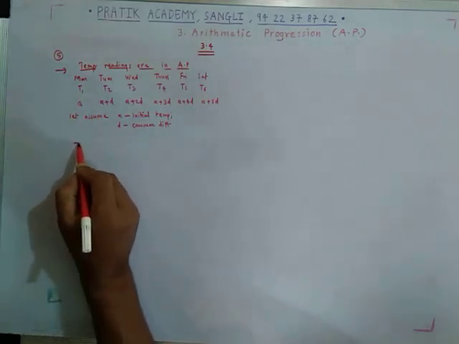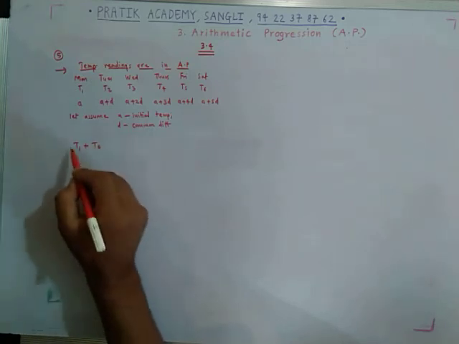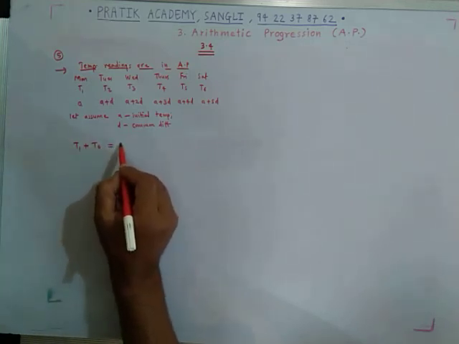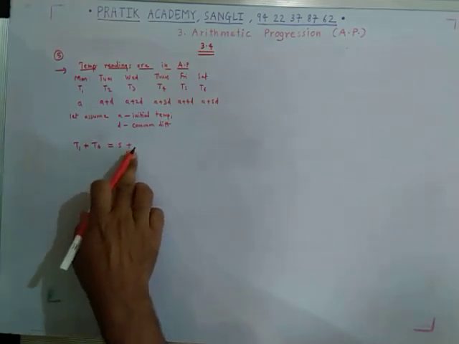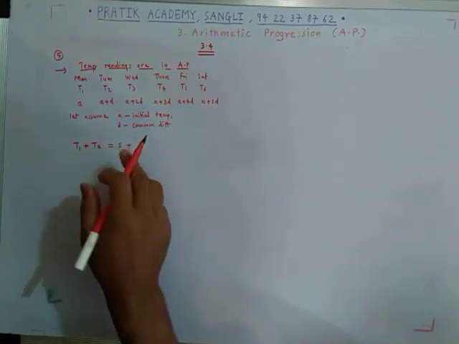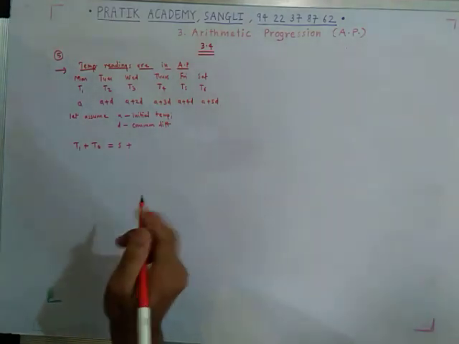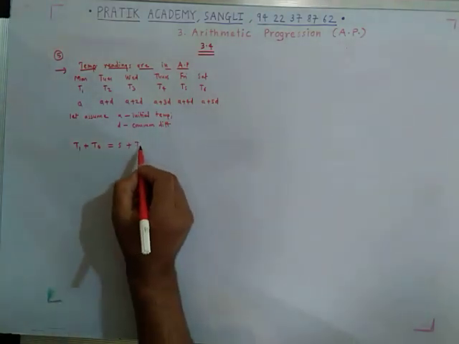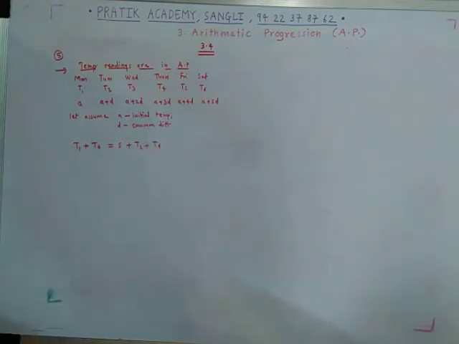That is T1, plus the temperature on Saturday, that is T6. This sum is 5 more than the sum of temperatures on Tuesday and Saturday, that is 5 plus T2 plus T6.